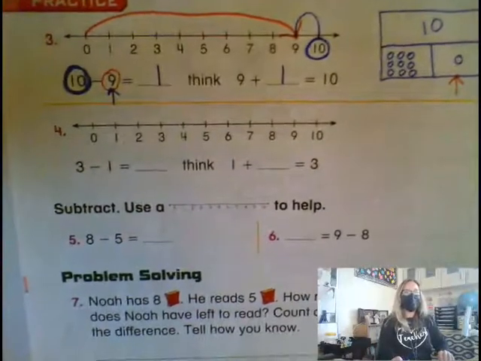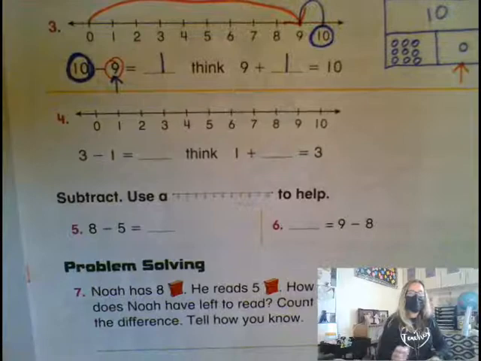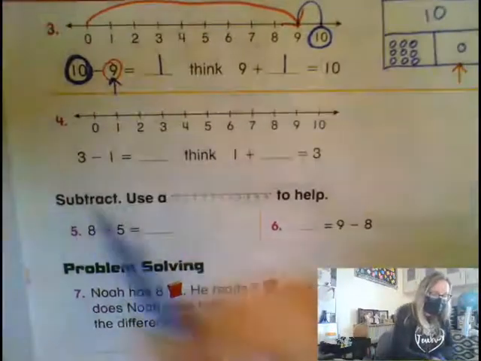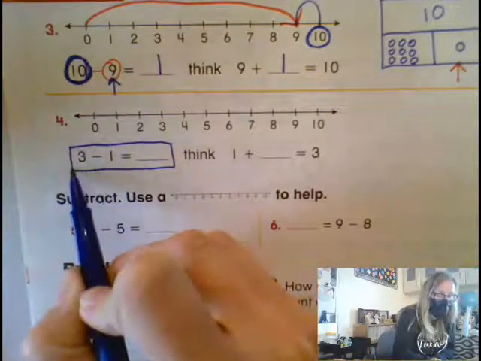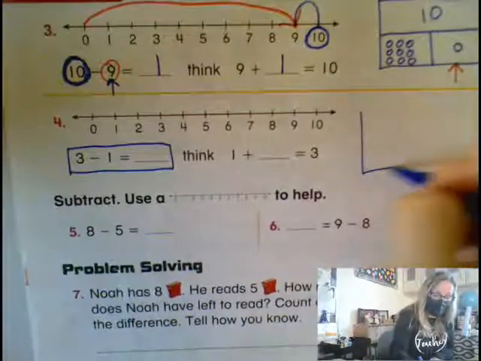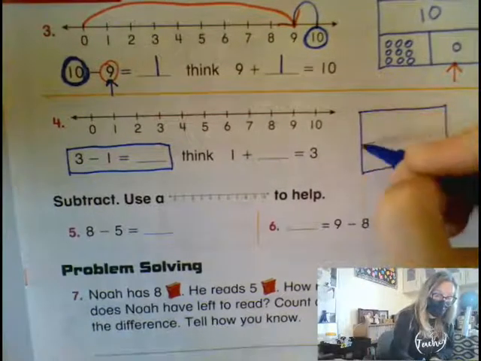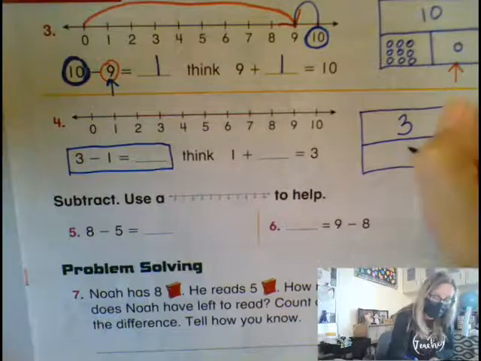All right, Emma, let's take a look at number 4, okay? The question that they're asking us to solve, Emma, is 3 take away 1, okay? So what I know is that the whole, or the total, is 3. That's how many I have all together. That's my big number.